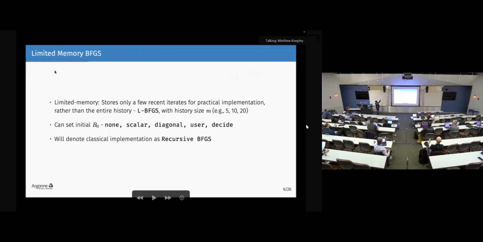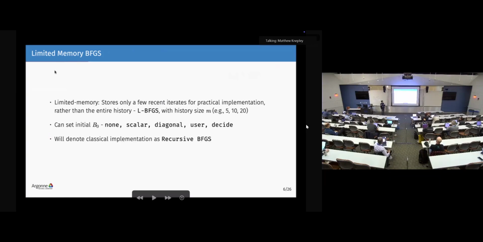Even though you only use the past K minus M iterates, there is still B0, which is an initial guess. There are options built in right now: none, scalar, diagonal, or user. None is basically identity. Scalar is a scalar times identity, diagonal is a diagonal matrix, and user is user-provided.